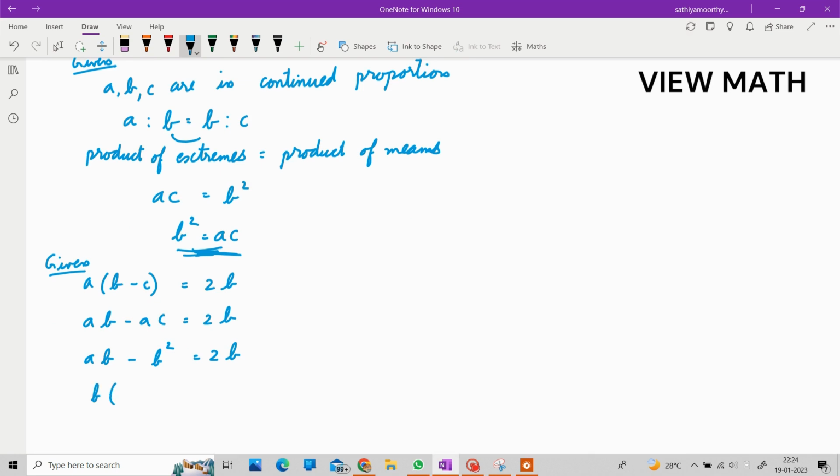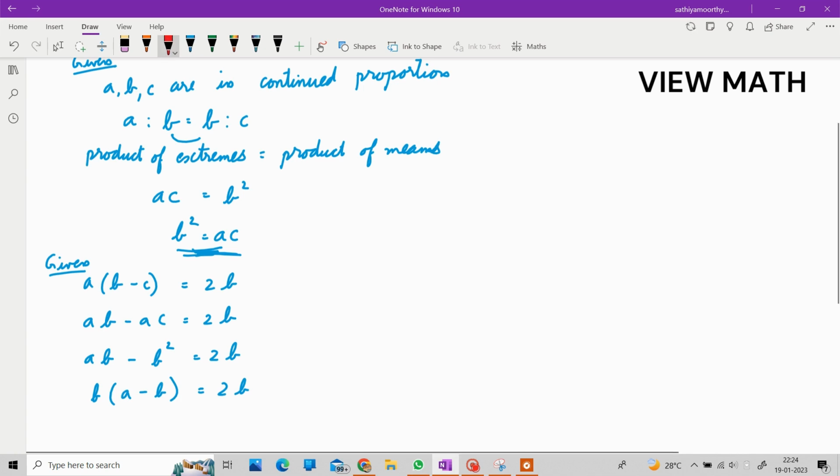So b(a − b) is equal to 2b. Now b is common on both the sides, so let me cancel b. b and b get cancelled, so I'll be getting a − b is equal to 2.